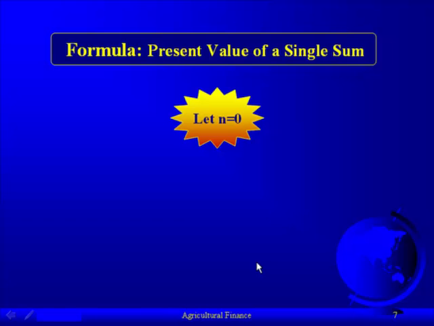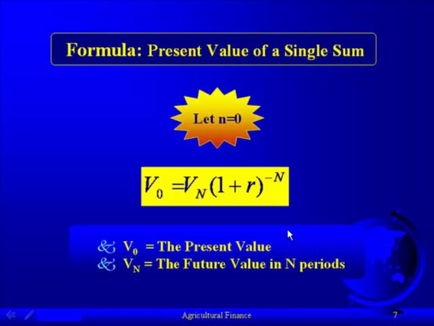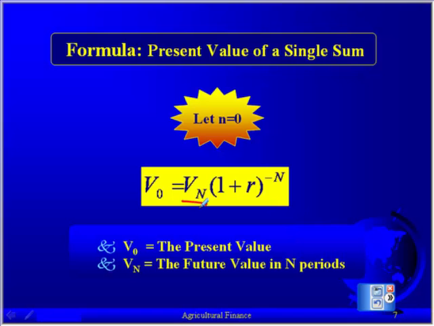If we assume that the little n is equal to 0, representing the present period, we're saying let's take some future sum of money, represented by V sub capital N, and multiply that by 1 plus the interest rate to the minus the number of periods in that time frame.